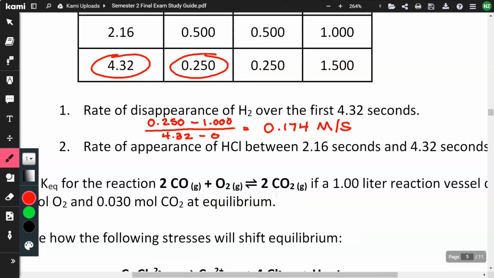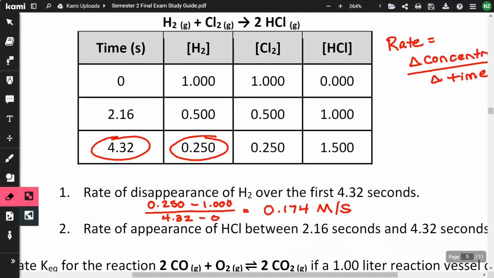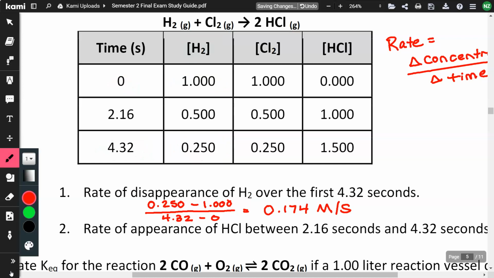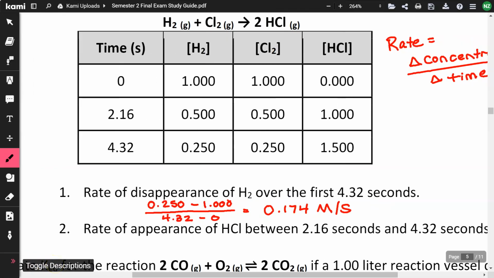Rate of appearance of HCl. Let me erase this so we don't get confused. So HCl is right here. We're going from 4.32 and 2.16.